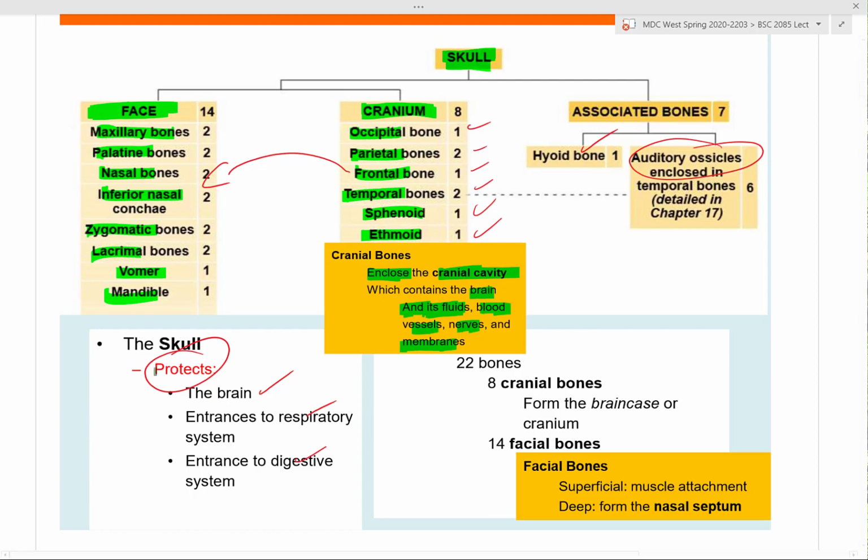So, we talked about skull protection, the brain, entrance of the respiratory system. Where is that? Your nose and your mouth, right? You can breathe from both of those, right? So entrance of the digestive system, which is mainly, of course, your mouth, right?